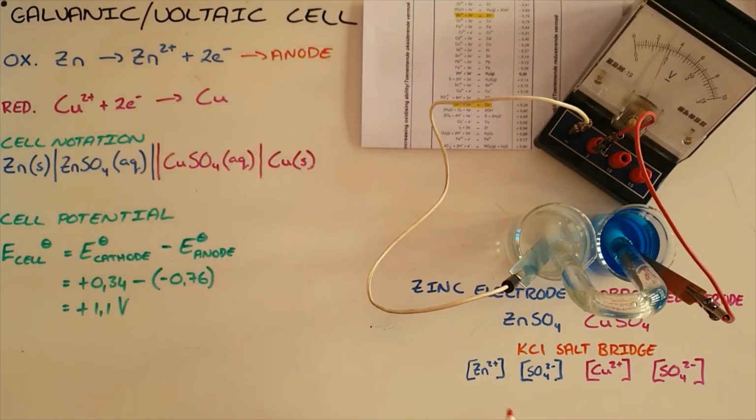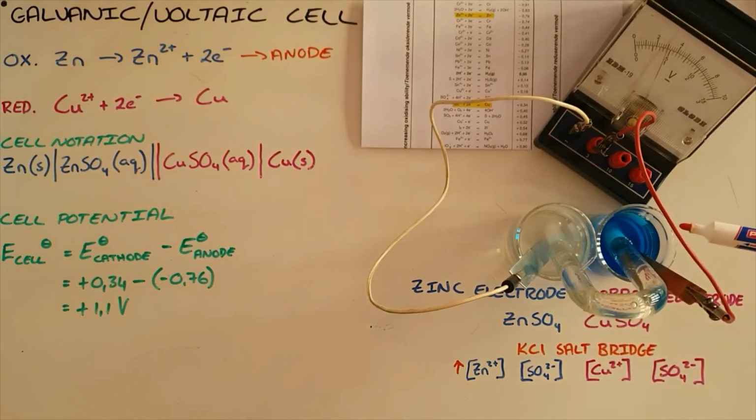So the zinc is now the anode, and what we can see is that the zinc solid is busy being oxidized and going into solution, which means that our concentration of zinc ions increases in this beaker over here. At the same time, or initially, the concentration of sulfate ions remains constant.